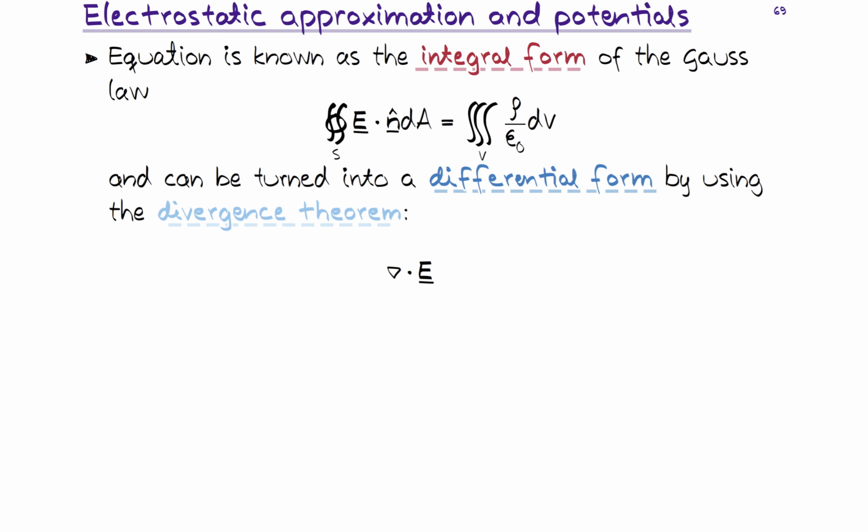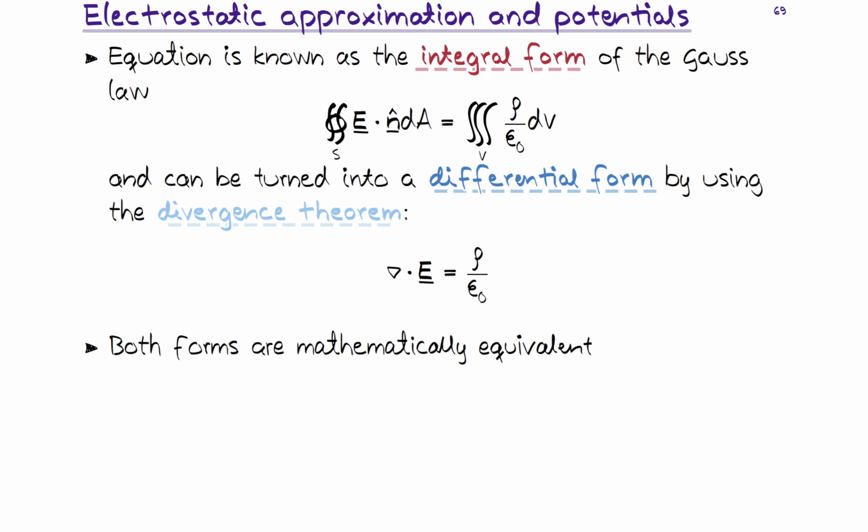And subsequently we get the differential form of the equation. Because in all points the equality must hold, and we can arbitrarily choose what volumes we are integrating over, the integrands must be equal. This gives me the fact that the divergence of the E field must be equal to rho per epsilon naught, so the electric charge density divided by the vacuum permittivity.